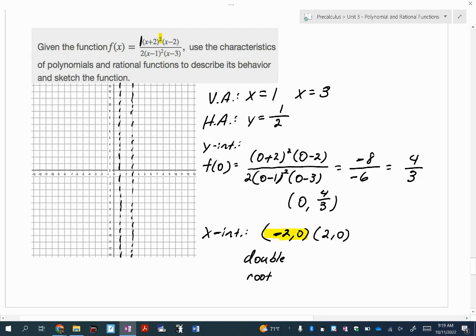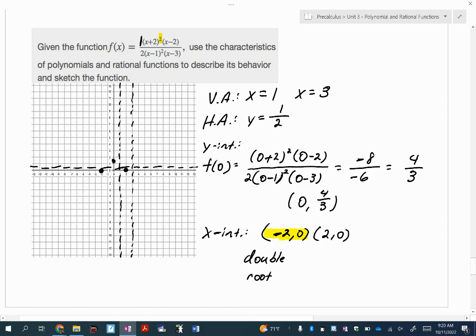We have a horizontal asymptote at y equals 1/2. Our y-intercept is (0, 4/3), so 0 and 1 1/3. X-intercepts at (-2, 0) and (2, 0). All right, so that's all I got.